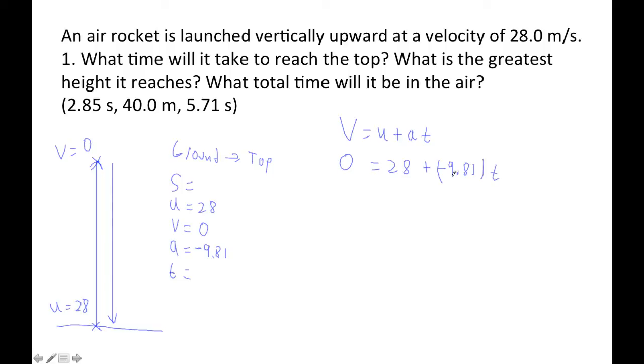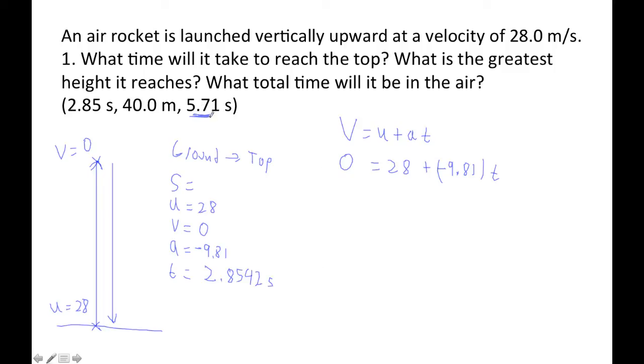The free fall acceleration is always negative 9.81. Okay, so now we're all set. Basically it's just 28 divided by 9.81. I get 2.8542 seconds.